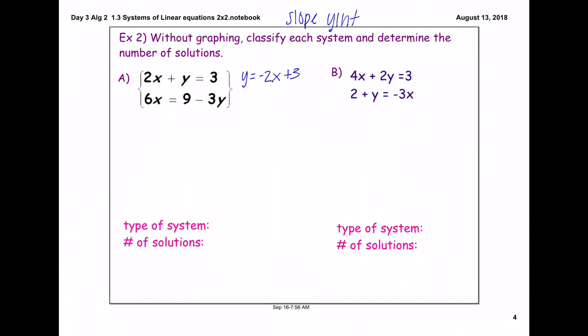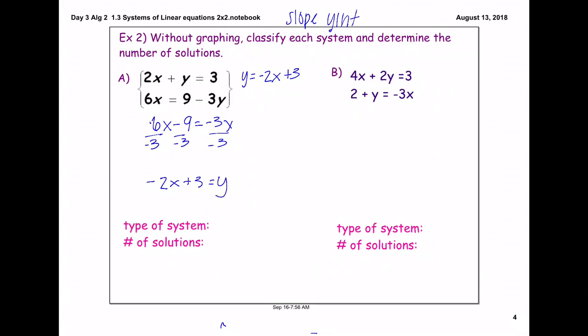In order to get y by itself in our bottom equation, we could subtract our 9. Then we would divide by a negative 3. Remember, if you divide one thing, you have to divide everything on that side. So we can see that we have negative 2x plus 3 equals y.